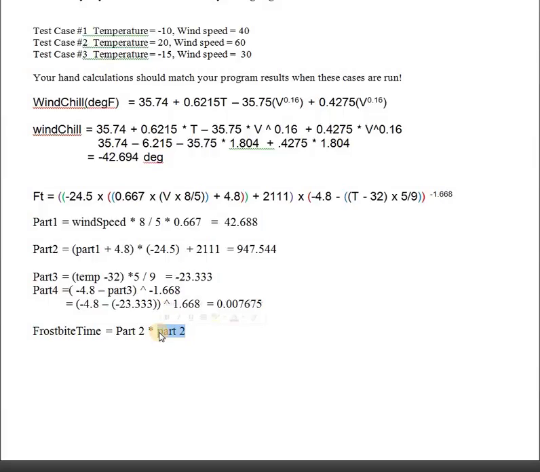So that's going to be equal to 947.544 times 0.007675. And that equals 7.27.